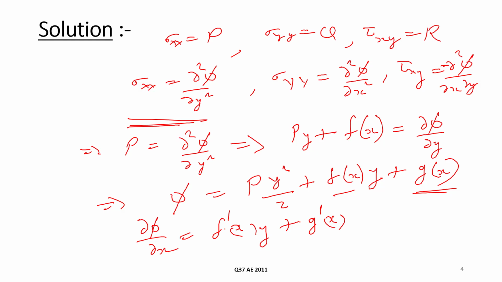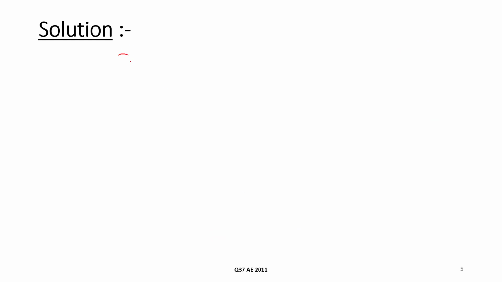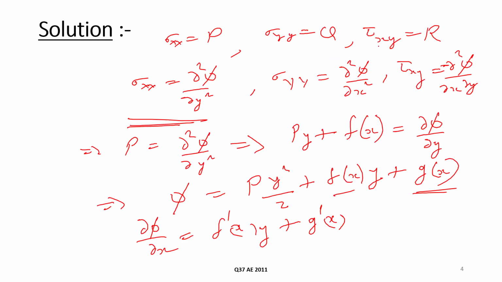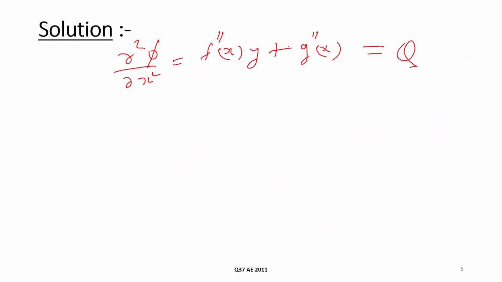We will differentiate it once again, and we will get ∂²φ/∂x² equal to f''(x)·y plus g''(x), and this is equal to nothing but q. So if we compare both sides, then we can say that g''(x) equal to q.